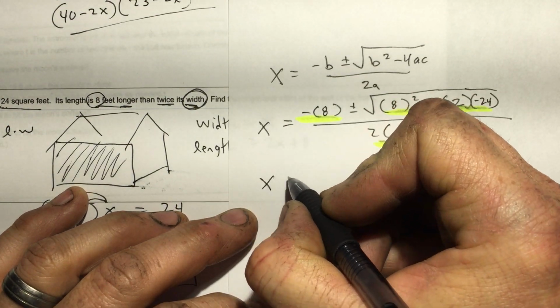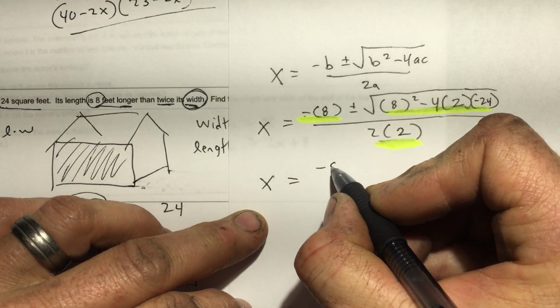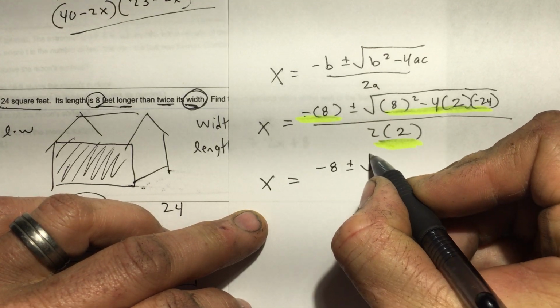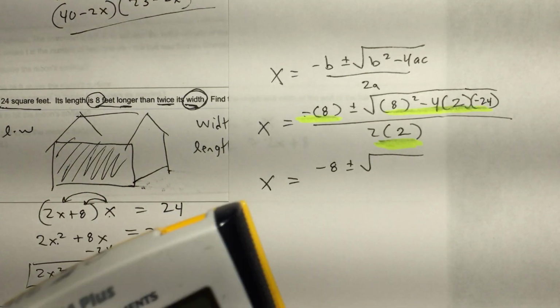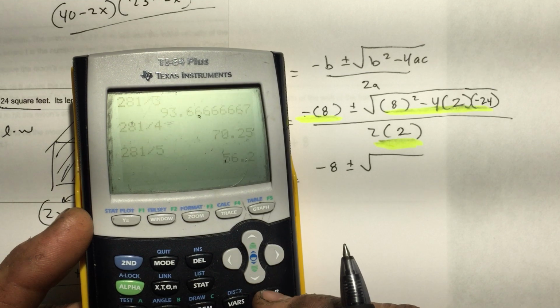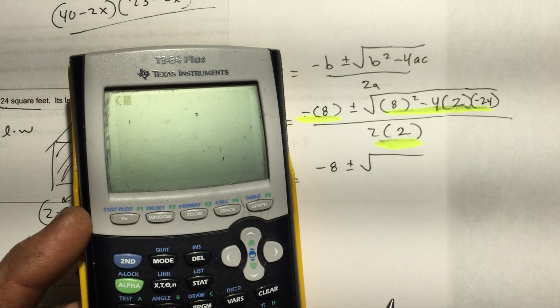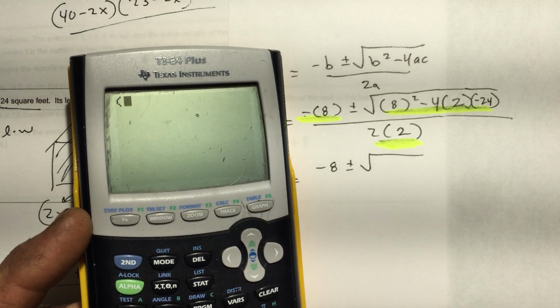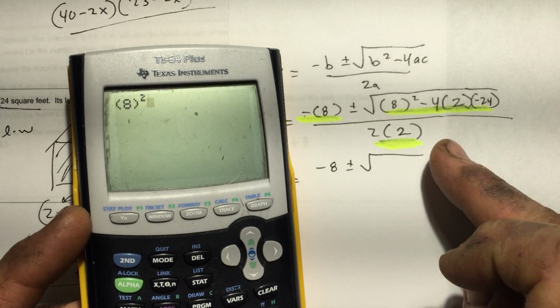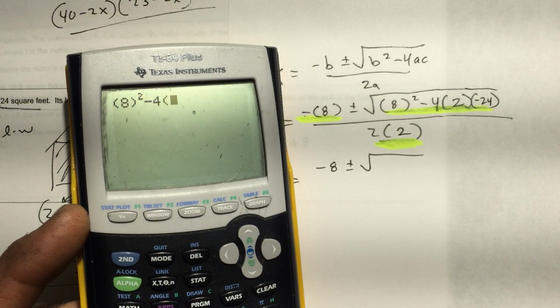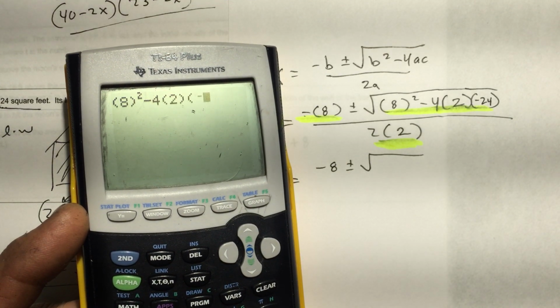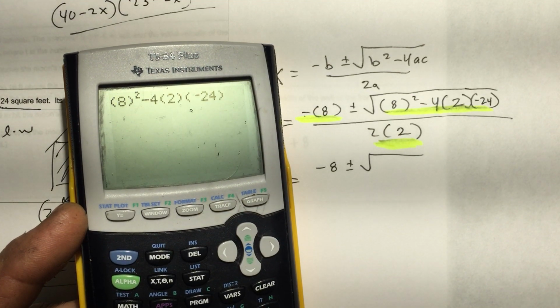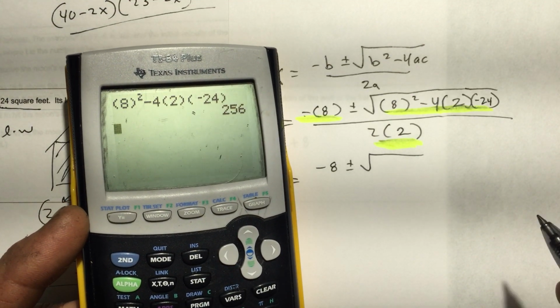So on this, x equals, that's going to be a negative 8. In my radical, let's bring this calculator in here and figure this up. It's going to be in parentheses, 8 squared minus 4, and then I got a 2 in parentheses, and I got a negative 24 in parentheses. All right, 256.